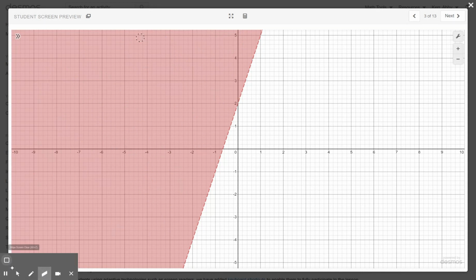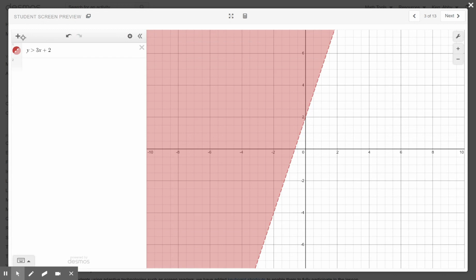So let me show you. Let me get the inequality back. Let's say we had this inequality: y is greater than 3x plus 2. And I wanted to pick this ordered pair, negative 2, 4.